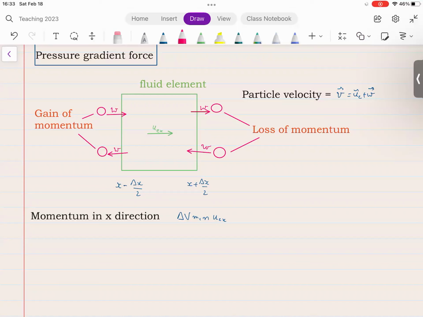For the particle on top, I'm bringing in a particle that's moving faster than the average. That means the average is going to increase. For the particle at the bottom, I'm taking out a particle that's moving slower than the average. Therefore, the average is going to decrease.